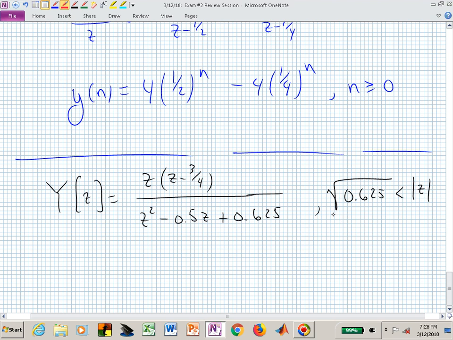Or this, if we took the square root, ends up being about 0.7906.